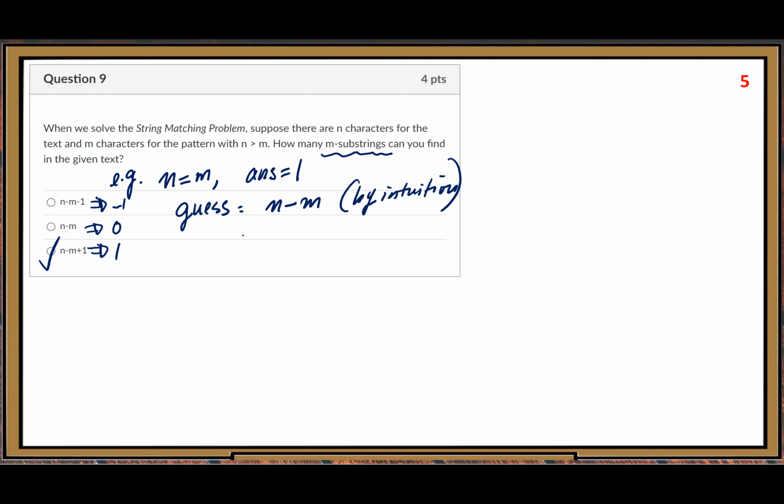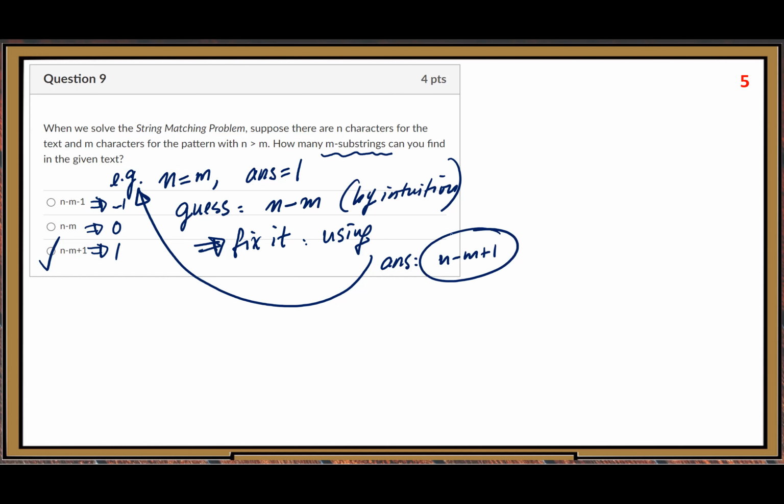So then we fix it using that example. The answer is n minus m plus 1. After we fix it, we get the correct answer. So the answer is this.